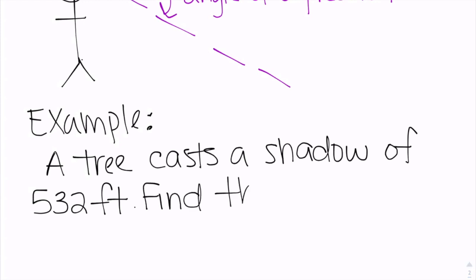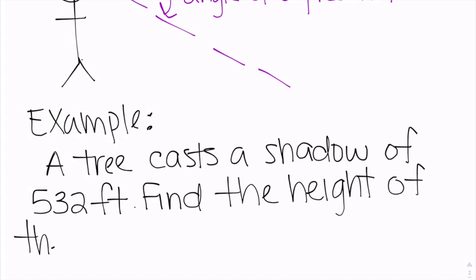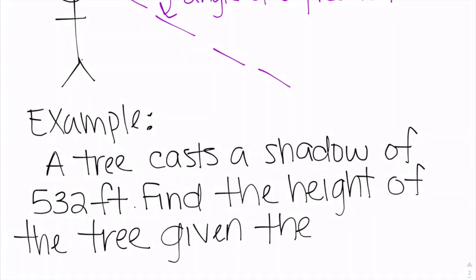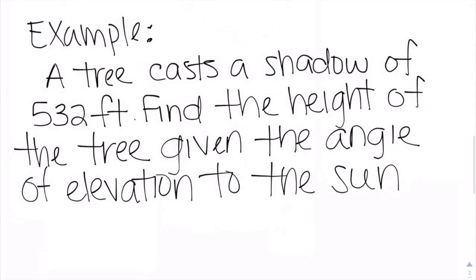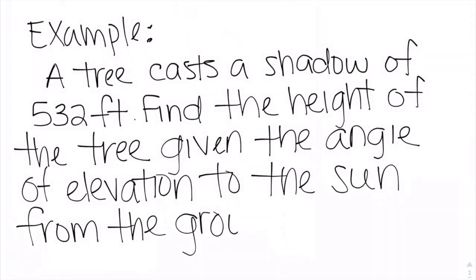Find the height of the tree, given the angle of elevation to the sun from the ground is 25.7 degrees.